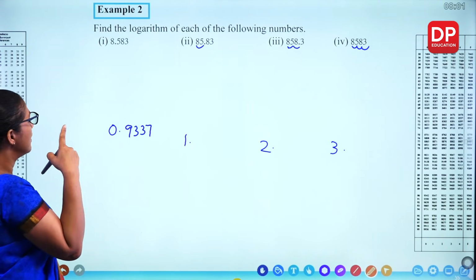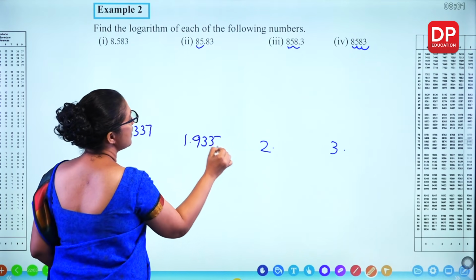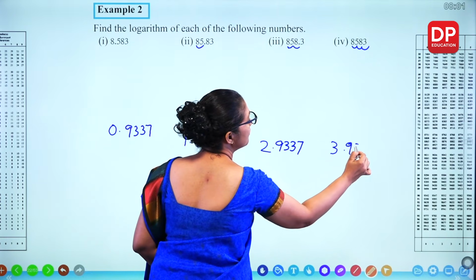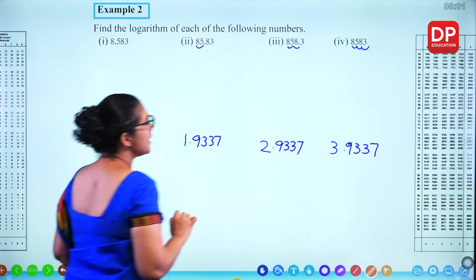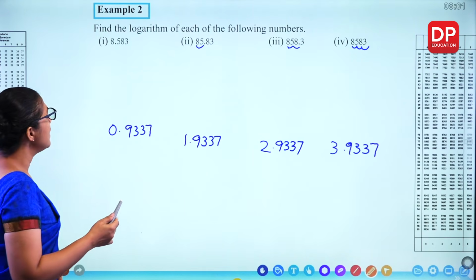That's the mantissa value, 9337. So that's the log value. Straight away you can write down the log value.